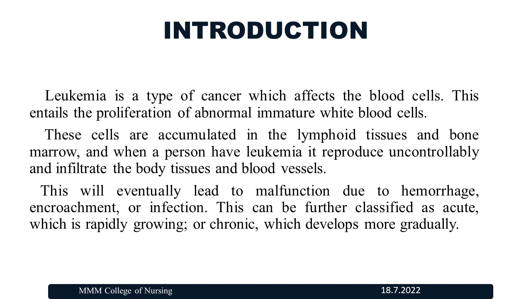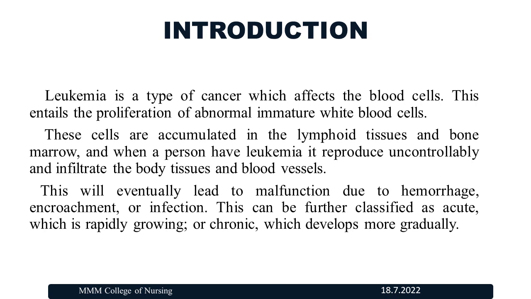Leukemia is a type of cancer which affects the blood cells. This entails the proliferation of abnormal immature white blood cells. These white blood cells accumulate in the lymphoid tissues and bone marrow.